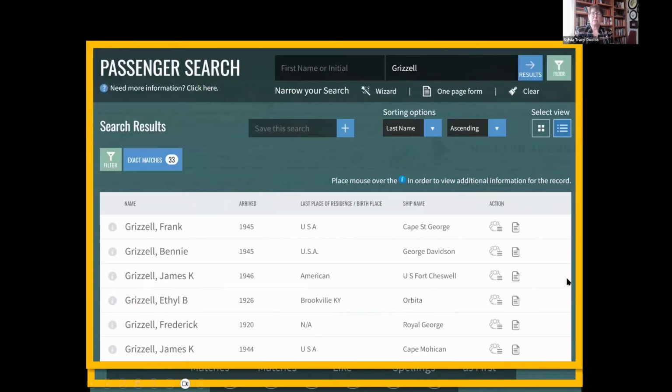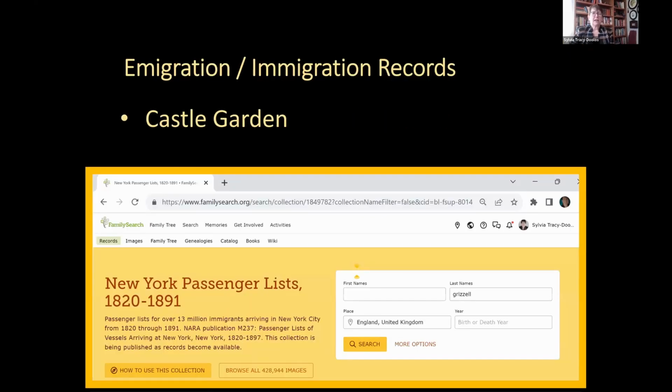So based on that Grizel search, it gives me lots of information on the individual, when they arrived, what the name of the ship was, and these icons over here are giving you things like a summary of it, as well as the original ship manifest. So definitely worth looking at if your people came in after like 1890.